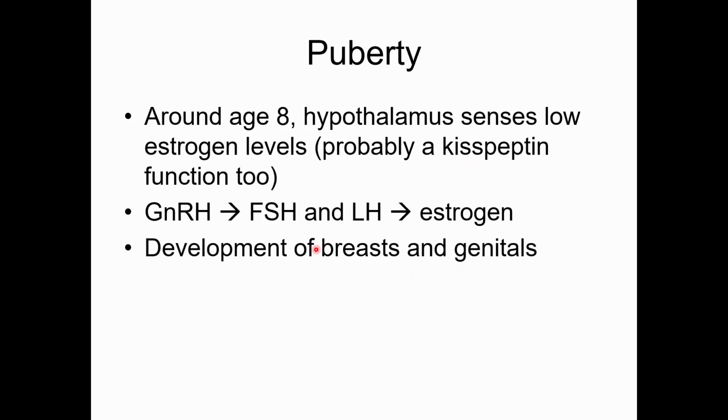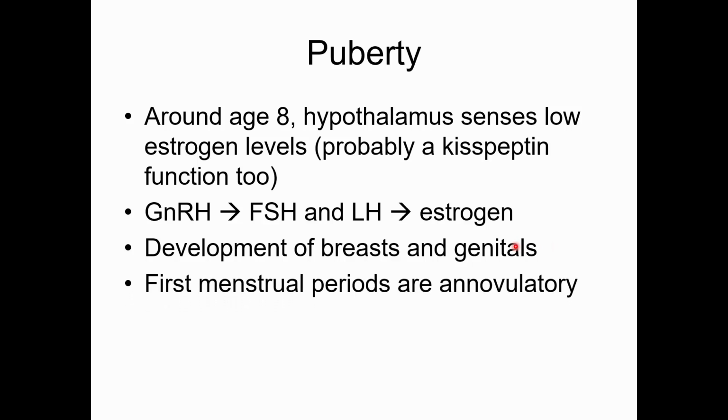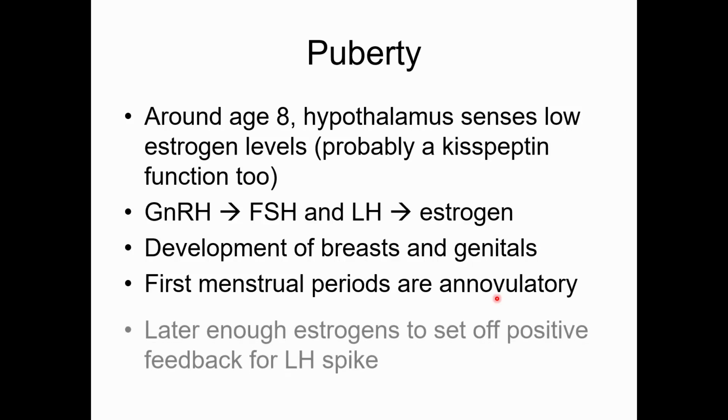And estrogen causes the growth of the breasts and the genitals. So in a girl, the first sign of puberty is breast development. As she produces estrogen, the lining of the endometrium grows, and at some point she's going to have a period, but she's probably not going to ovulate.